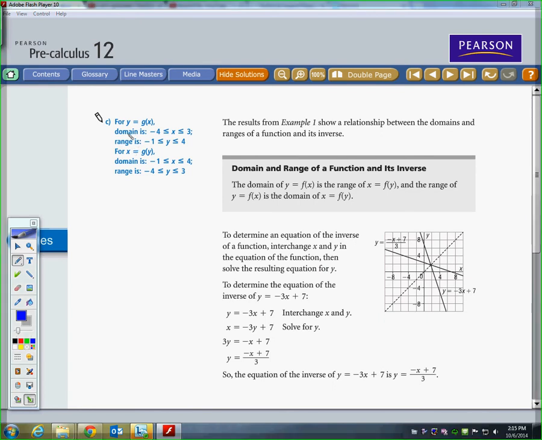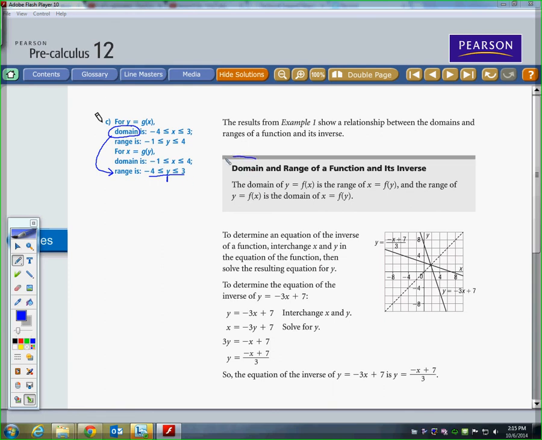Since the x and the y's are switching, this domain becomes exactly the same as this range. So -4 is less than or equal to x is less than or equal to 3 becomes the exact same thing, but you would just substitute y for x, and now it's the range. And so also the range of the original function becomes the domain of the new inverse function.